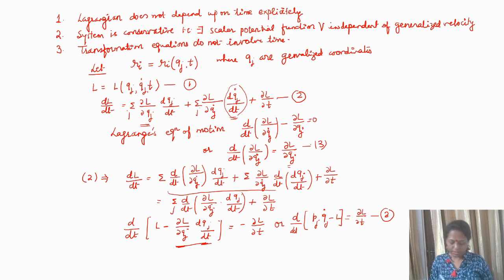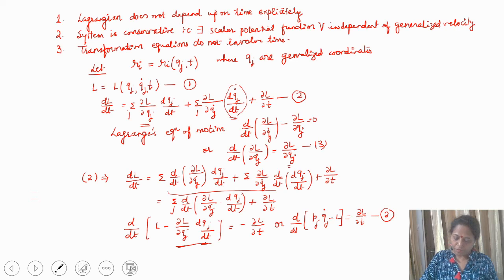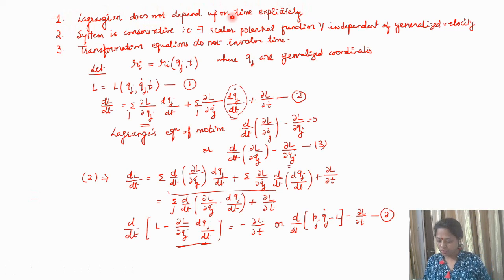Now in this relation, if I take the first condition, what is the first condition? That Lagrangian does not depend upon time explicitly. So under the first condition, this derivative will be 0.